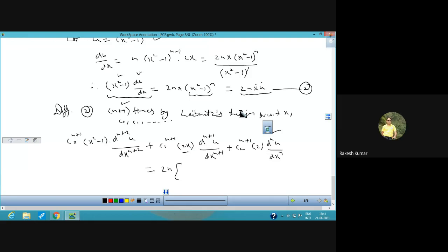Now, what do you have to do? x as it is, derivative of u with respect to x, n plus 1 times. Remember we are taking the derivative n plus 1 times, and in the second term the derivative of x will come as 1, that will be your derivative. So that is 1 into n plus 1, and the nth order derivative of u.